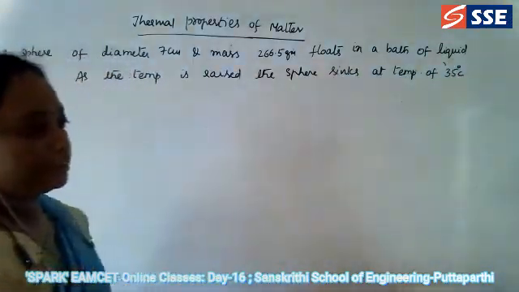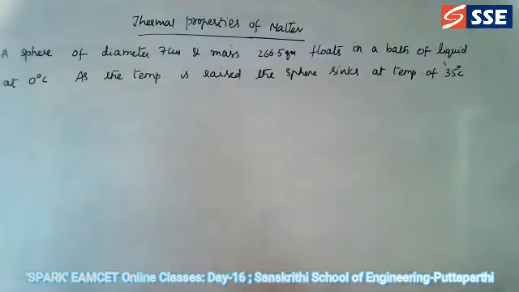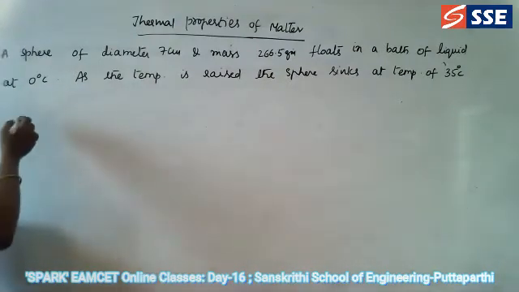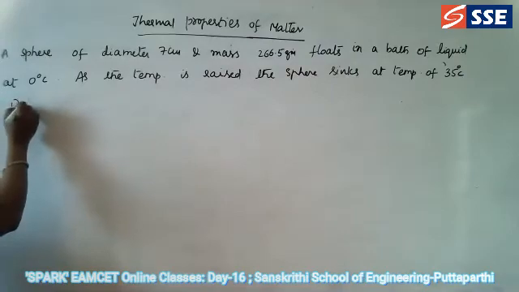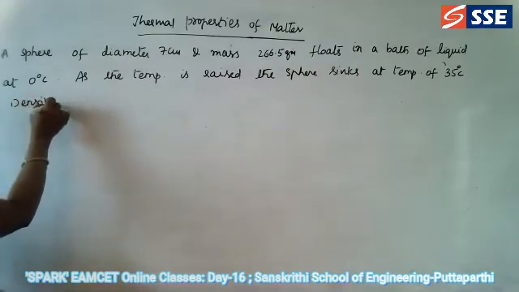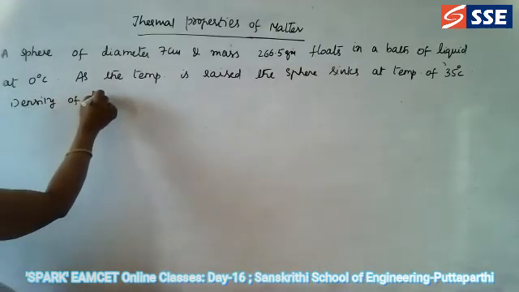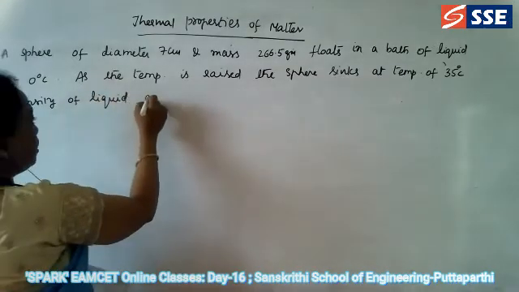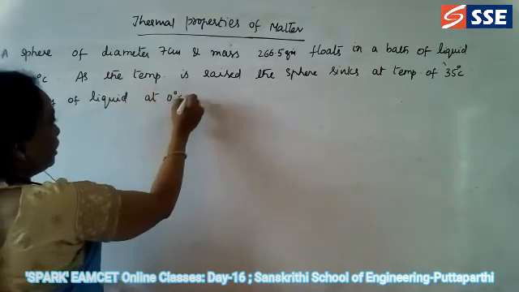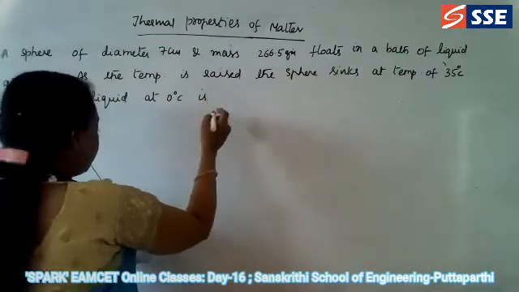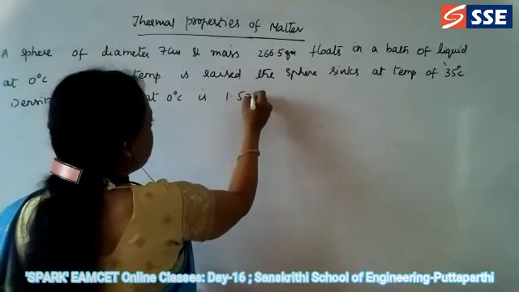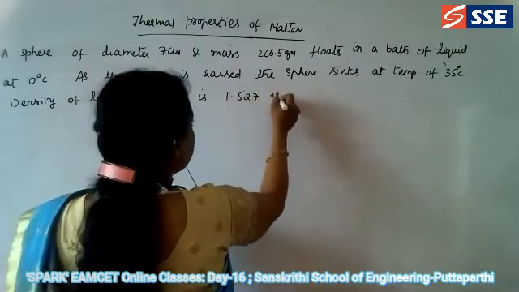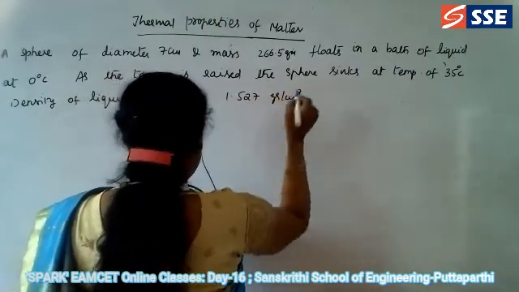At 35 degree Celsius, the sphere sinks. The density of the liquid at 0 degree Celsius is 1.527 grams per centimeter cube.